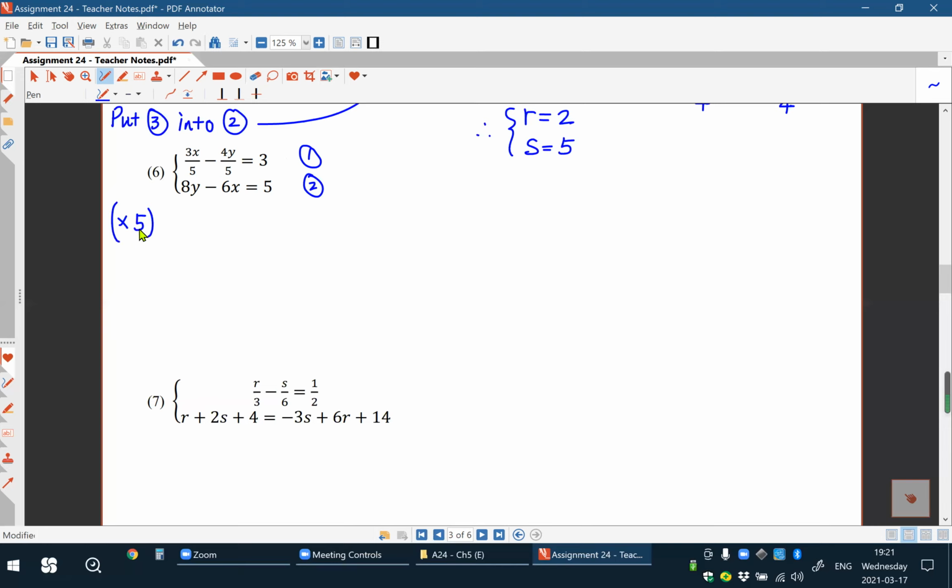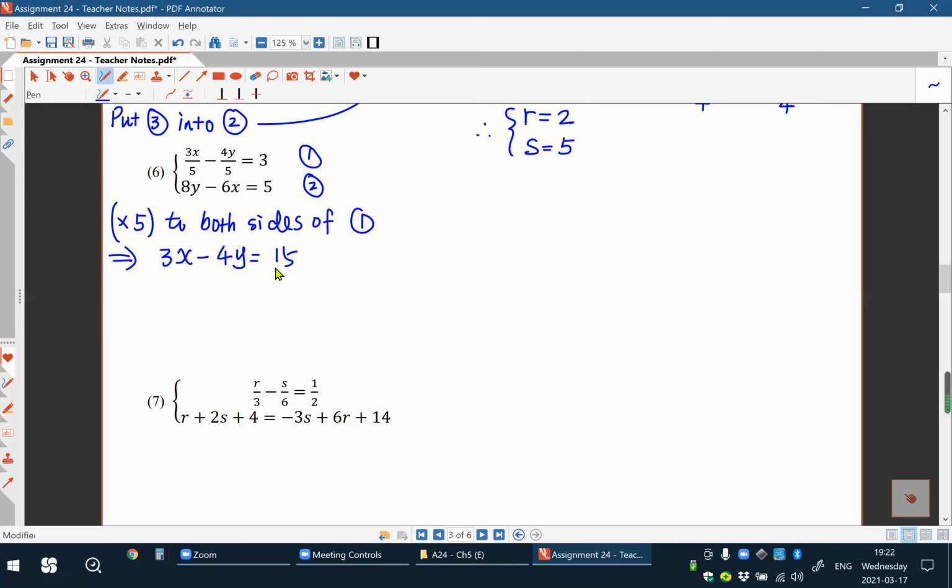So usually I will times a 5 to both sides of equation 1. Then this gives you 3x minus 4y equals how many? 15, right?